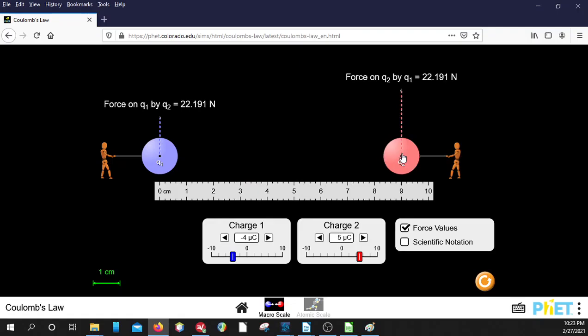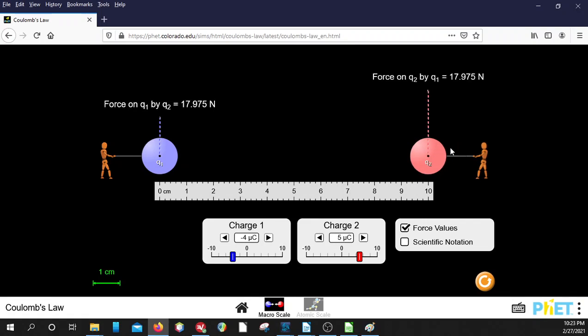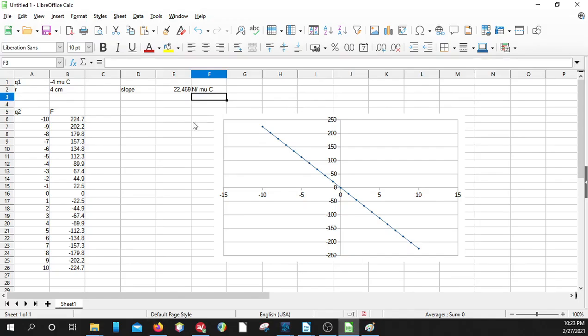All right, so almost done here with data. Okay, so I've got data, so I'm going to bring up the spreadsheet.